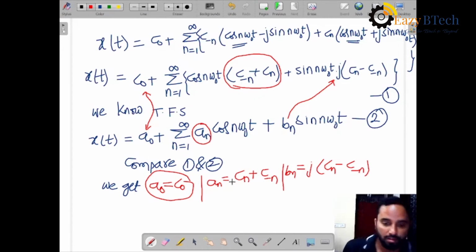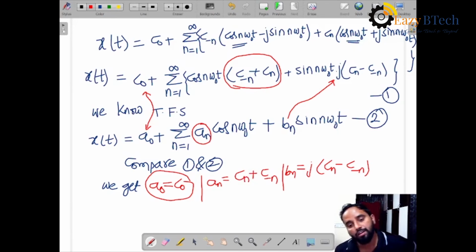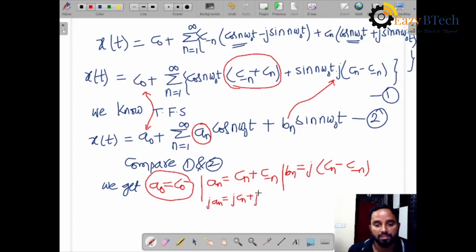And we can also write Cn in terms of An and Bn, just as An in terms of Cn and C minus n. So how to do that? Here Bn is equal to jCn minus jC minus n. I am multiplying An by j, so j into An equals jCn plus jC minus n.